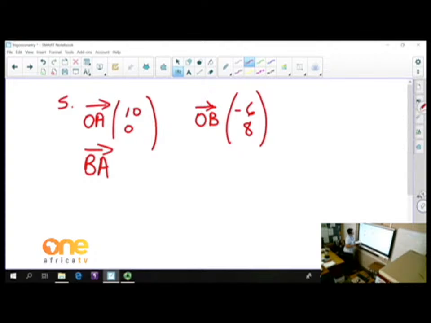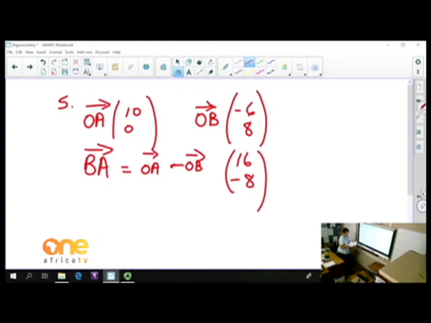So what we've said already is, what is BA? It will be OA minus OB. So it is this one minus this one. So 10 minus 6 is then 16. And 0 minus 8 is negative 8.